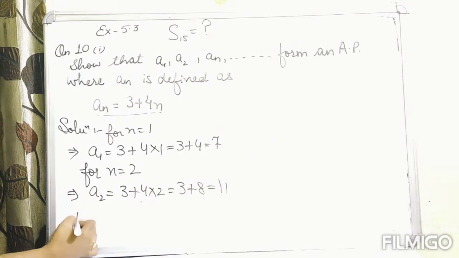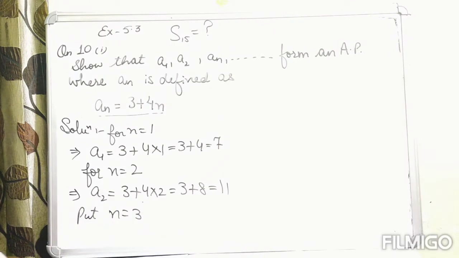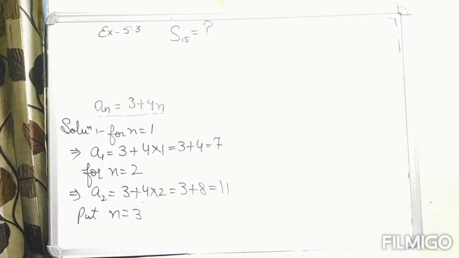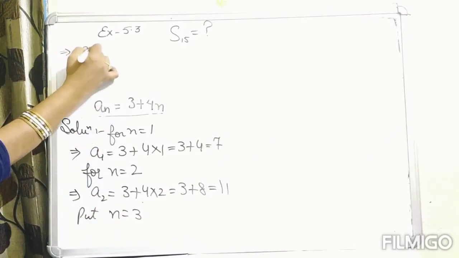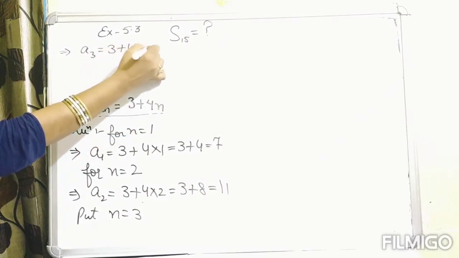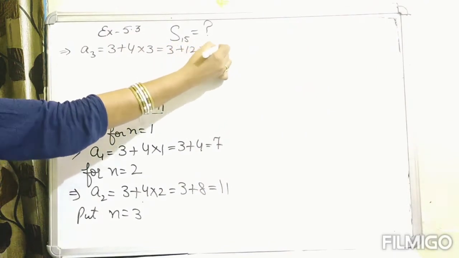Now put n equal to 3, and in the same way what we get, a3 will be 3 plus 4 into 3, that means 3 plus 12 and is equal to 15.